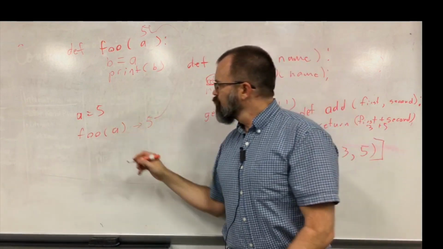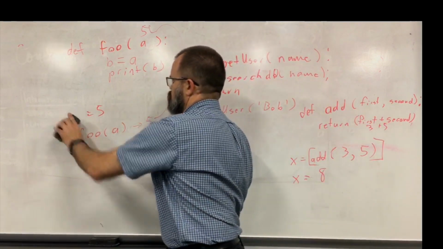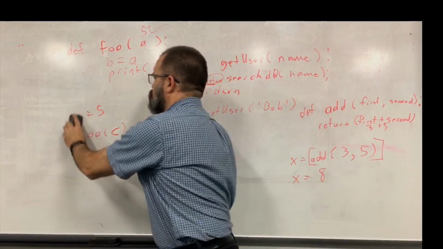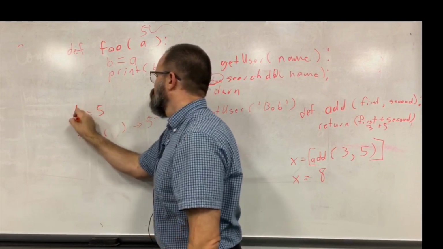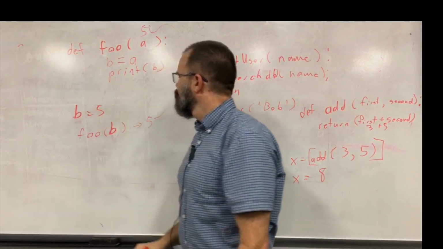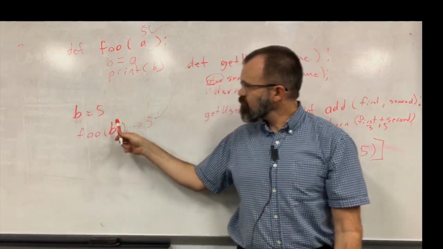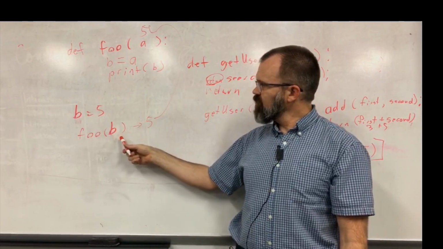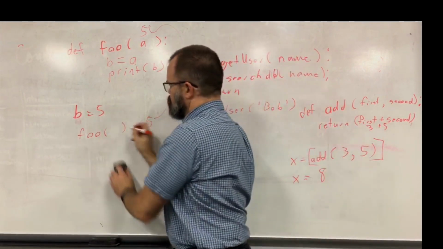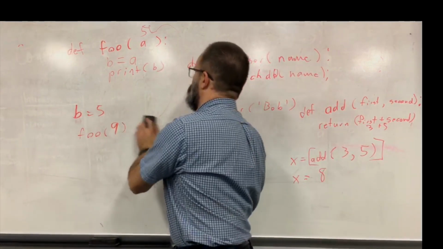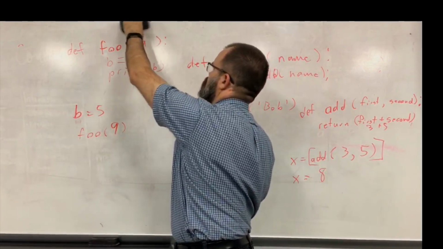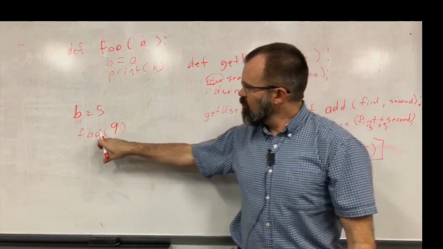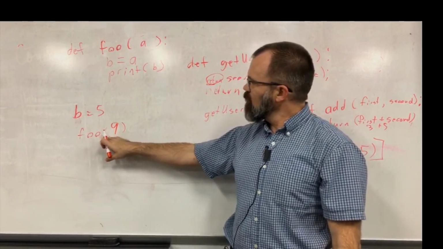If I pass 5 in through here, there, that should do it. If I pass 9 in here, in this block, I'm calling foo, right?